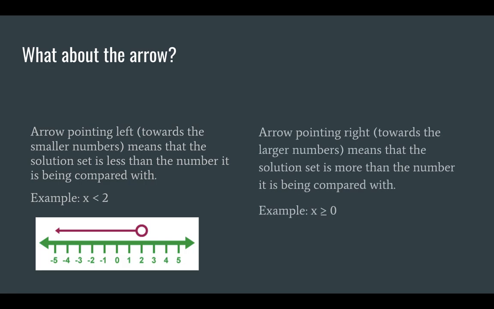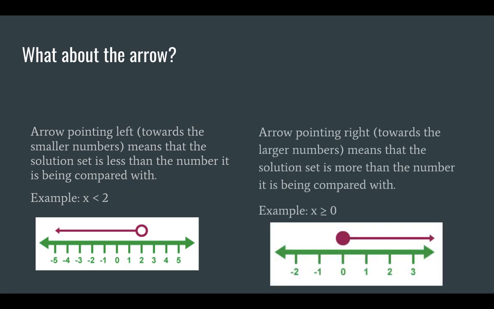Now in this example, we have an arrow pointing to the right, and that's pointing towards the larger numbers. That means that the solution set is more than the number it's being compared with. So in this example, we have x is greater than or equal to 0. So we have a filled in circle because x could equal 0, but it could also equal any number greater than 0. So we have an arrow pointing to the right.